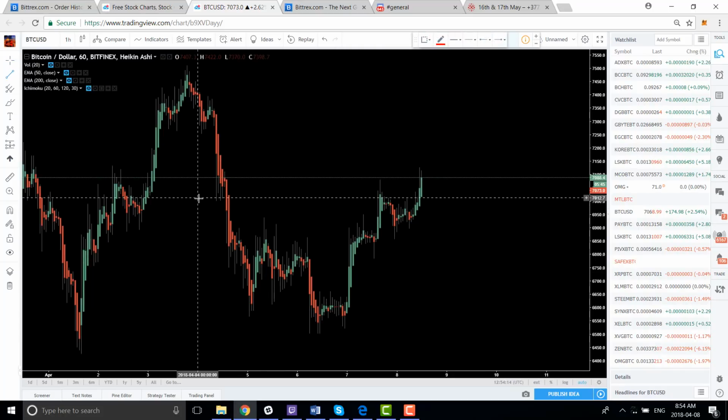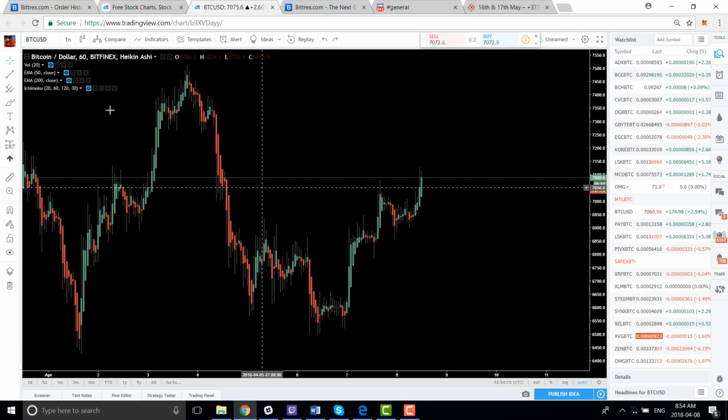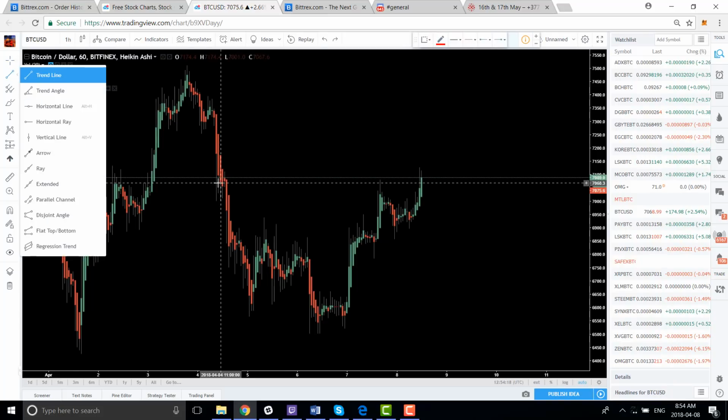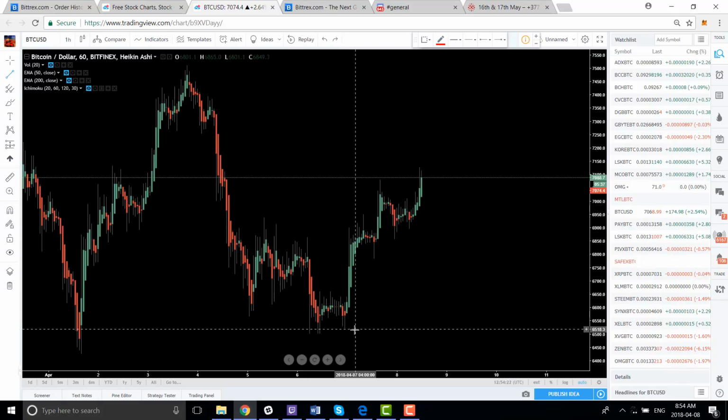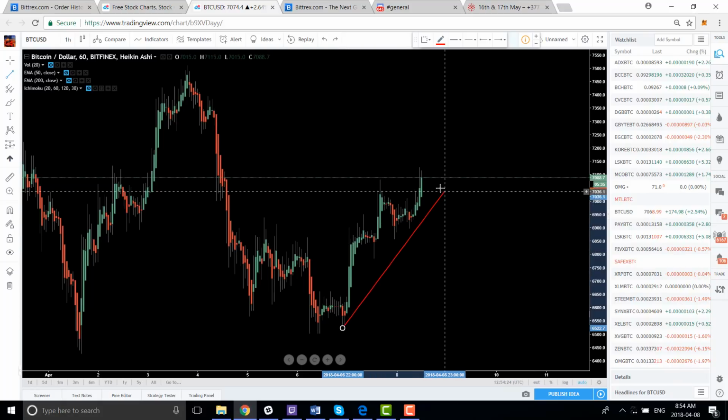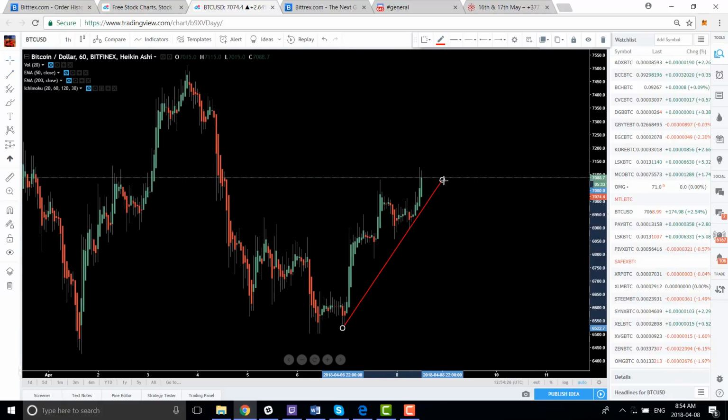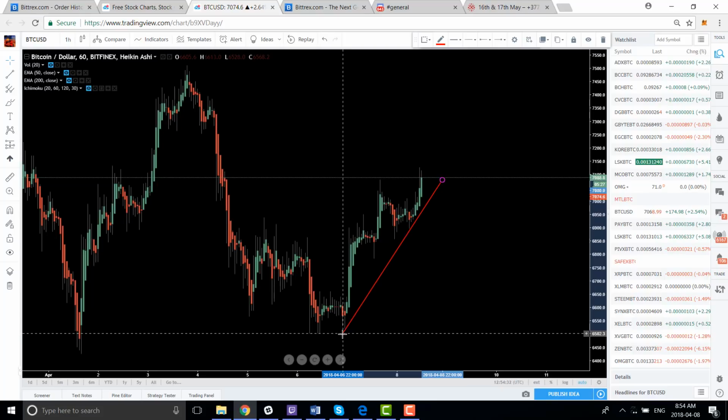And this is a trend line. This is the first trend line we're going to draw. You can see we take it from one point of price to the next. And for a trend to be valid, it needs to hit twice.